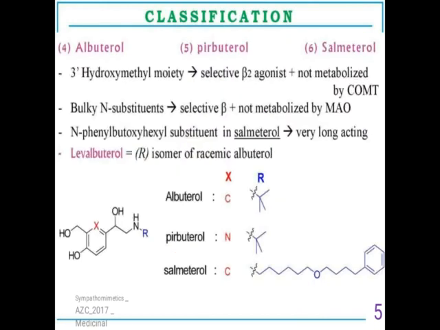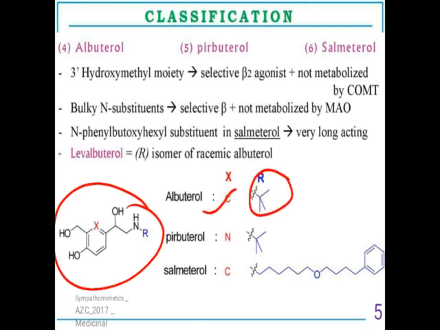Next drugs are albuterol, pirbuterol and salmeterol. So this is the general structure. If X is equal to C and R is equal to tertiary butyl, the drug becomes albuterol. In case of pirbuterol, X is nitrogen and R is the tertiary butyl group; here is also the pyridine ring.